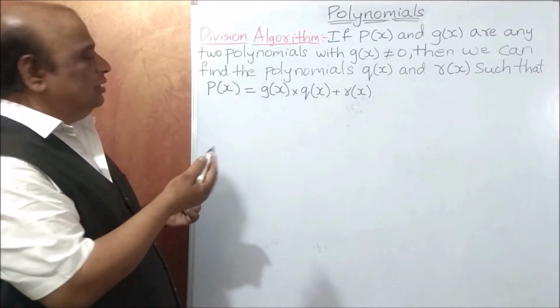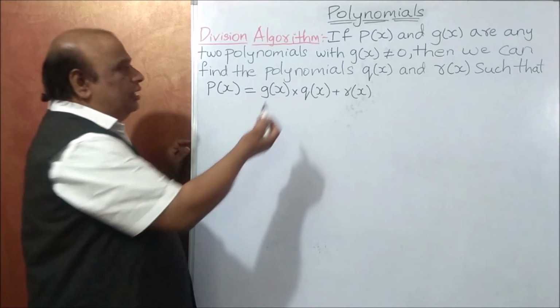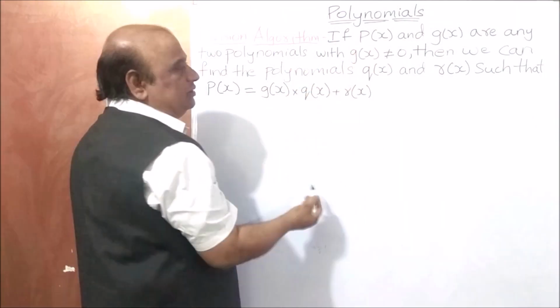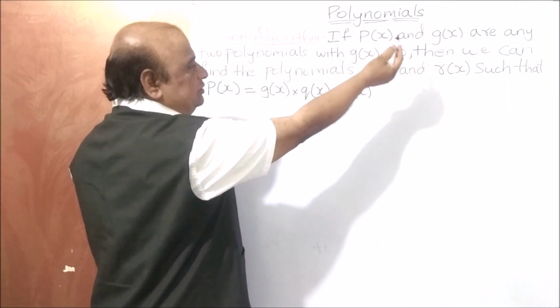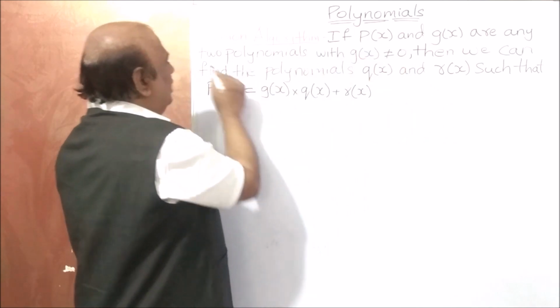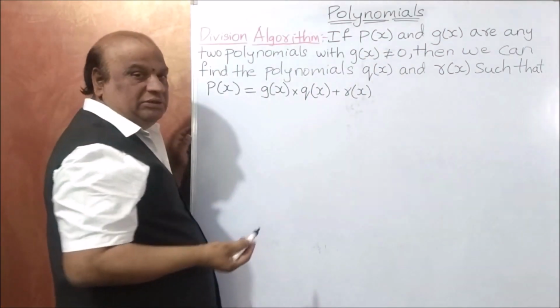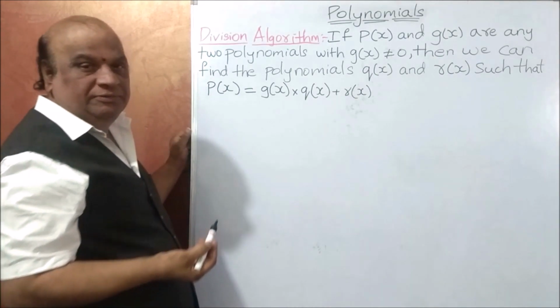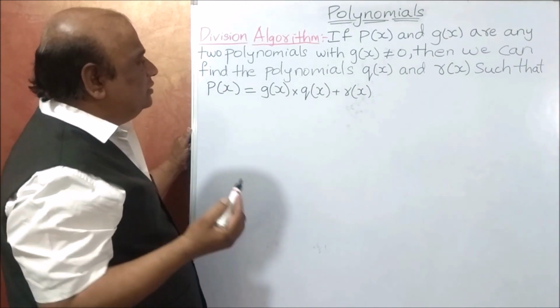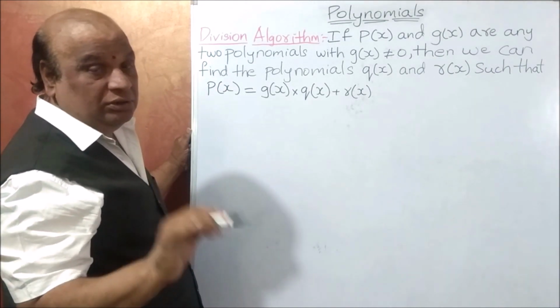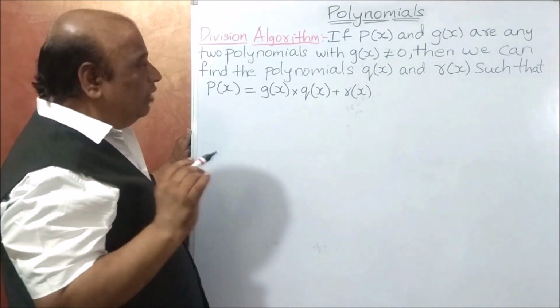Here, what is the division algorithm? If P of x and G of x are any two polynomials with G of x not equal to 0, that is the condition. Why?